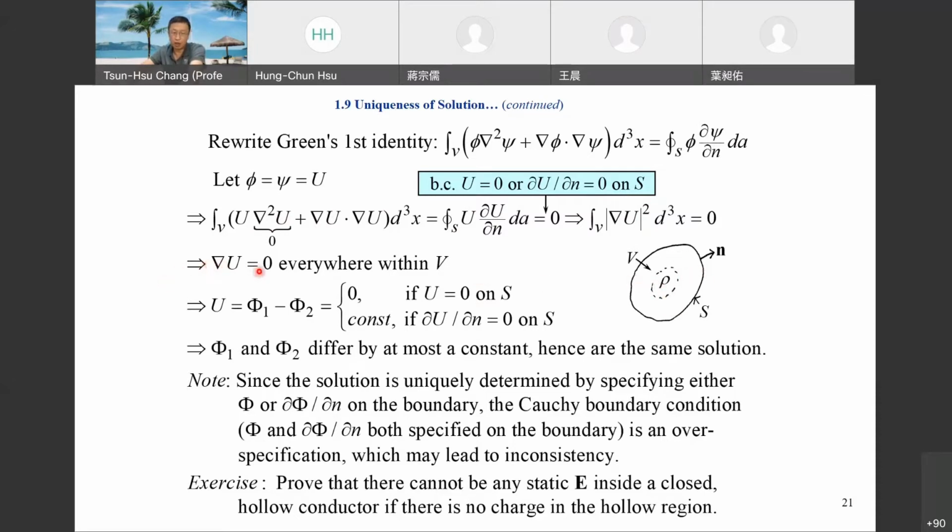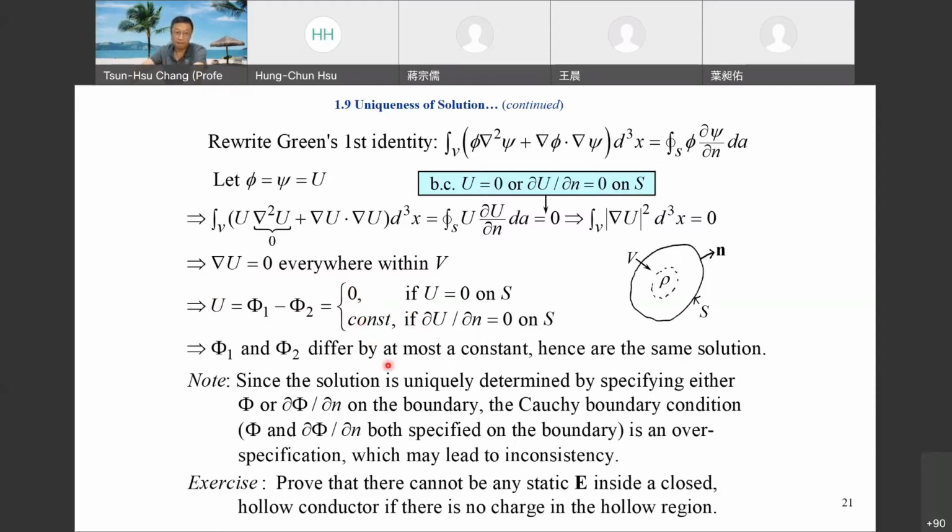Gradient u equals 0 means u is only a constant, 0 or a constant. Which means Wang Chen and Jiang Junyan's solutions just differ by 0 or a constant.